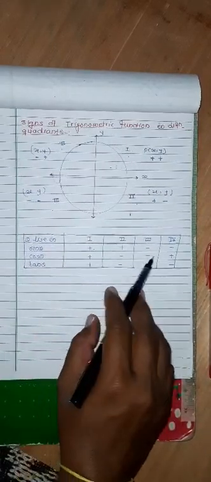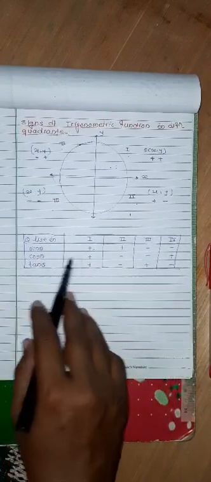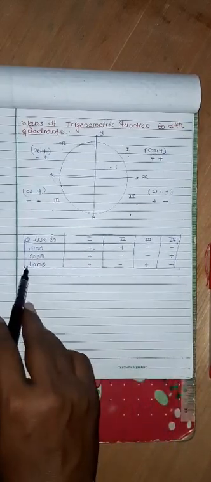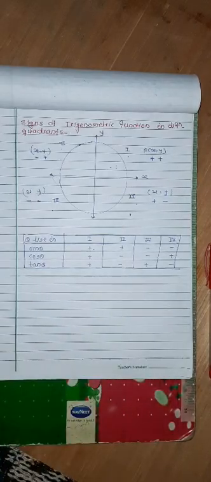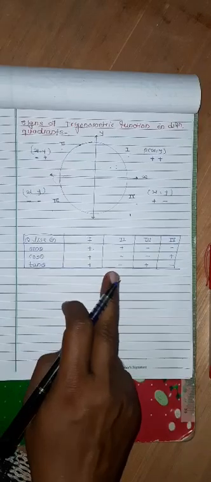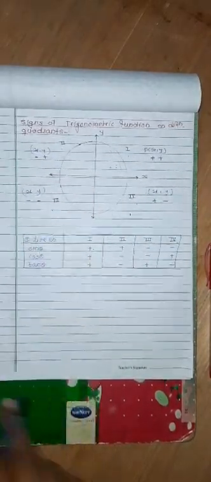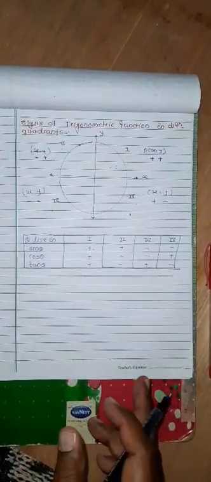This chart shows where the sine function is positive or negative, where the cos function is positive or negative, and the tan function also. This tabular form gives the detail about which function is positive or negative in which quadrant.